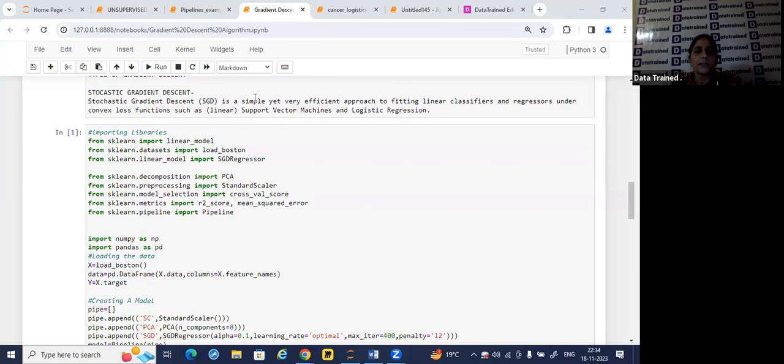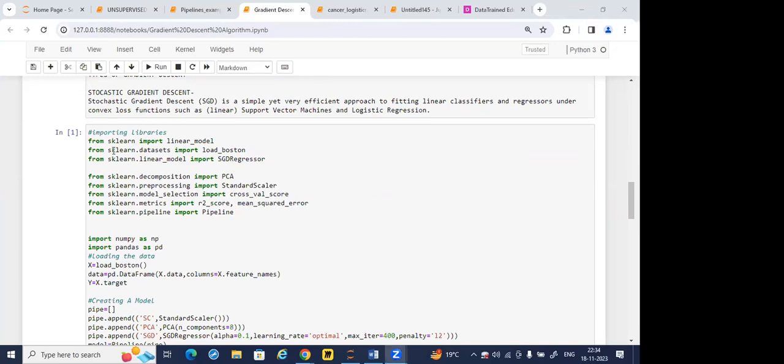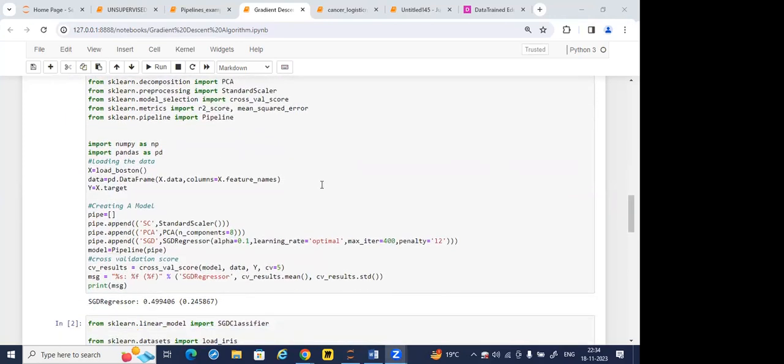Here you can see I'm importing various libraries and calling a dataset; you can call any dataset here. I'm calling the standard scaler, cross_val_score, a pipeline, and certain more metrics. Here I'm loading the Boston dataset.